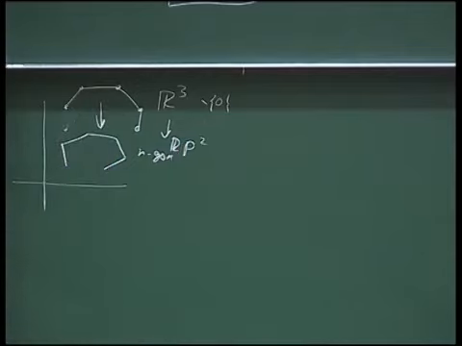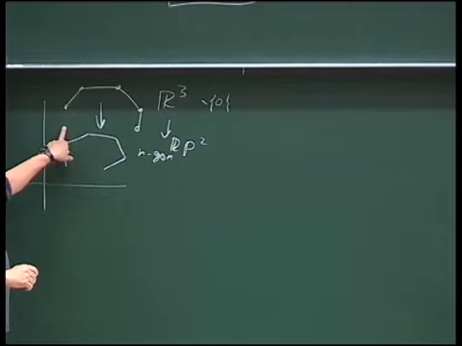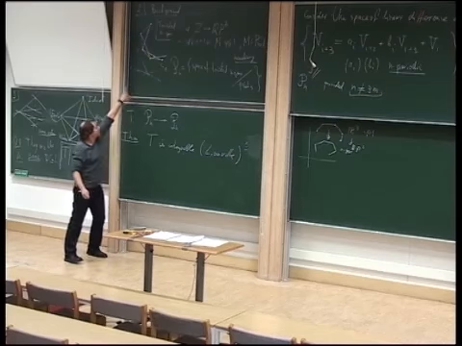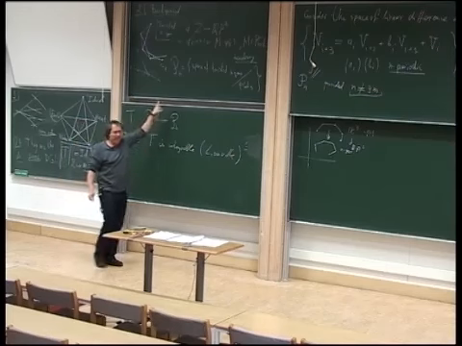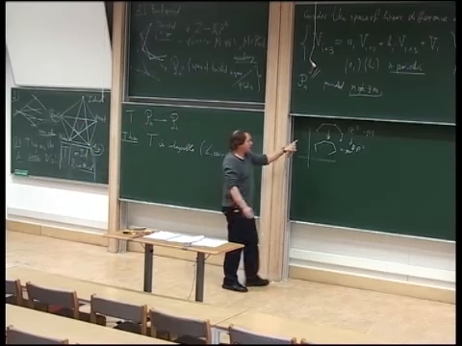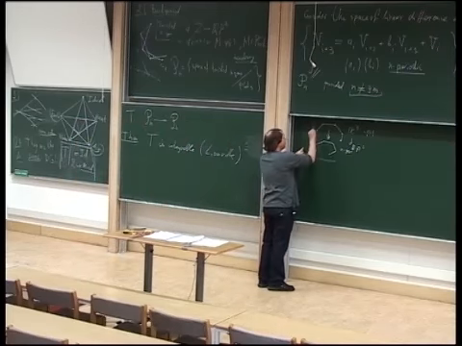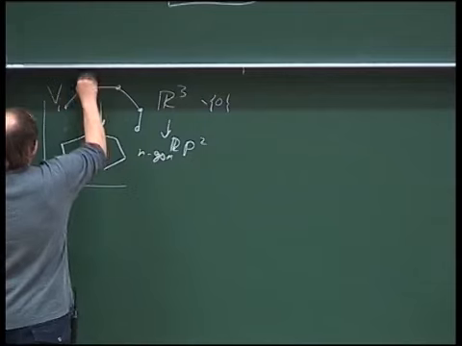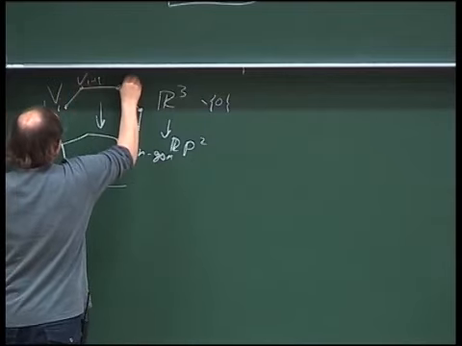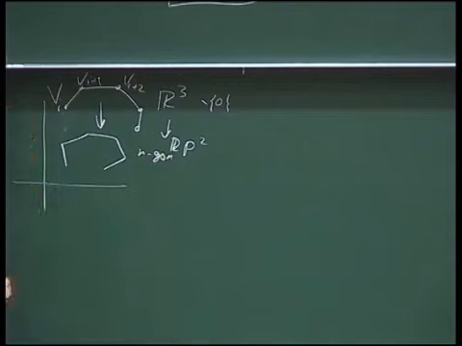There are, of course, many ways to do this, but remember this condition that no three consecutive points are on the same line. This means that three vectors vi, vi plus 1, vi plus 2 are linearly independent.